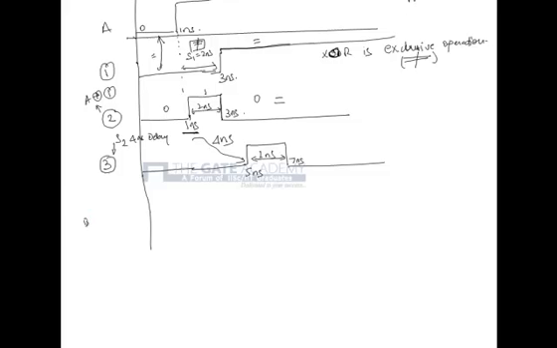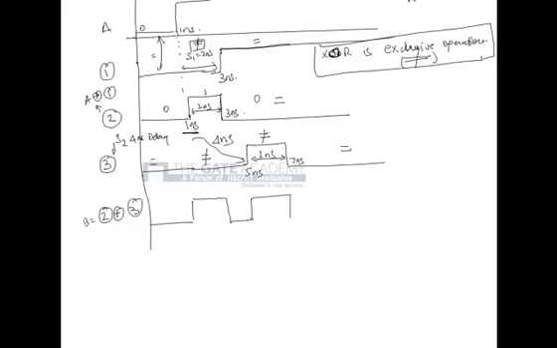Now the output B is the waveform 2 XORed with waveform 3, which means we have, again, this is not equal here, not equal here, they are equal here and here. Exclusive OR being a non-equality detection operation, it will be a 1 here, then 0, then 1, then 0.